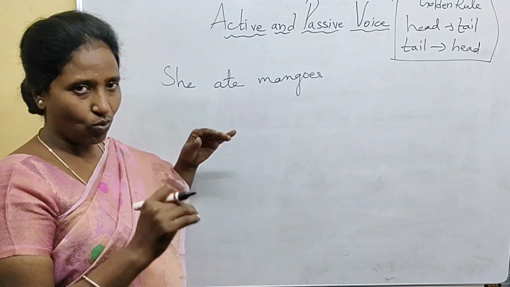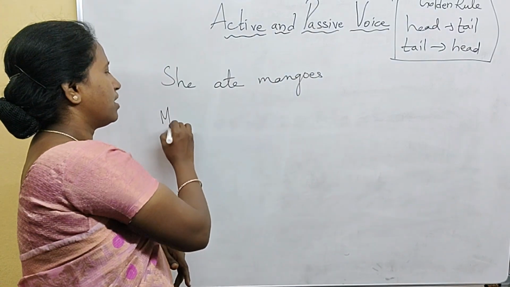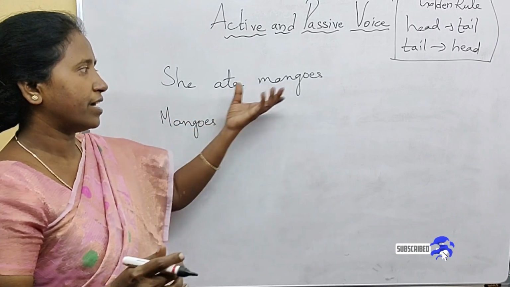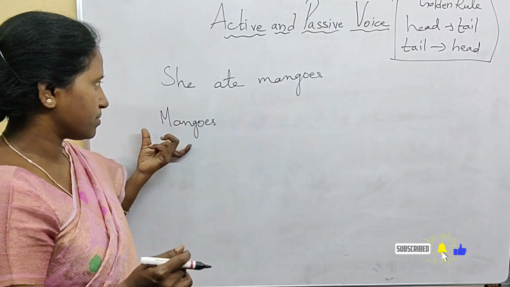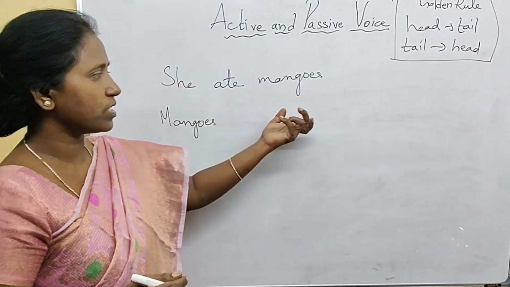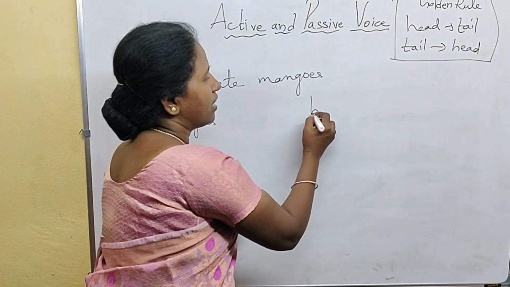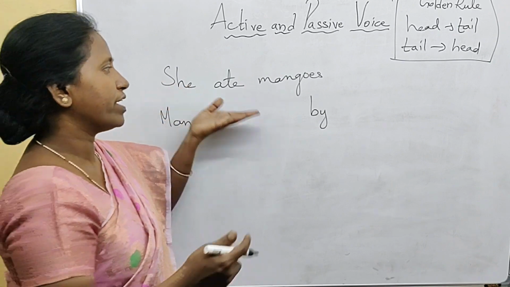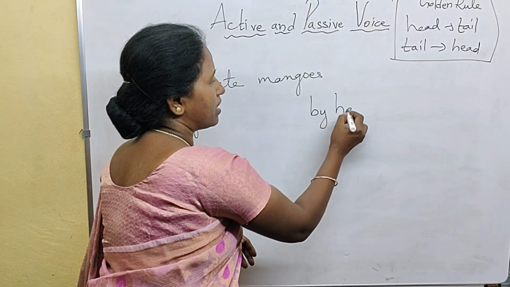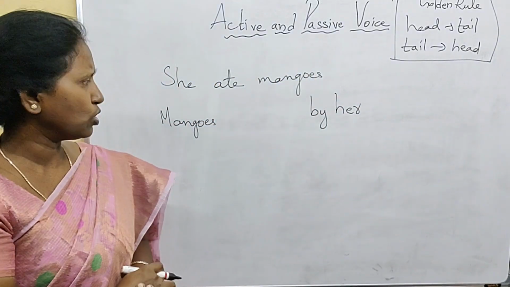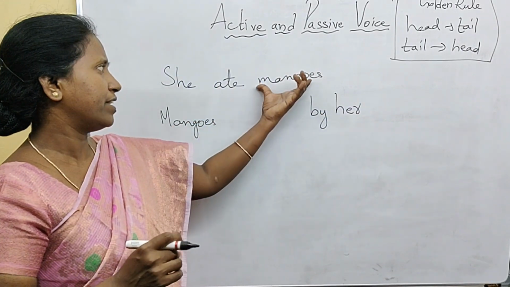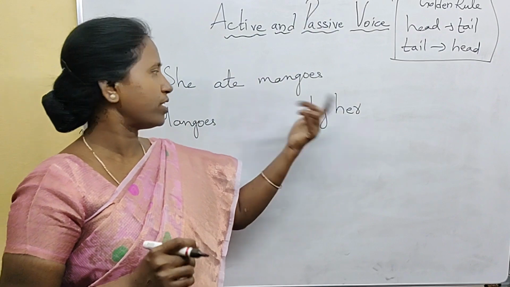In the passive voice, what happens is the head becomes the tail and the tail becomes the head. So this is the tail, it becomes the head, and the head becomes the tail, but there are certain transformations. She is the subjective pronoun. When it becomes the passive voice, it becomes her. Okay, mangoes by her. The tail came to the head part, the head came to the tail part.